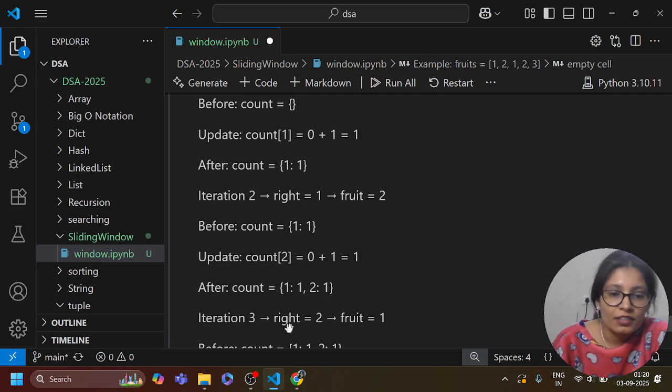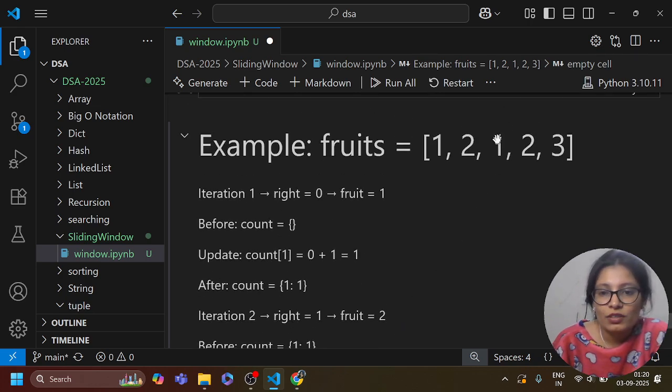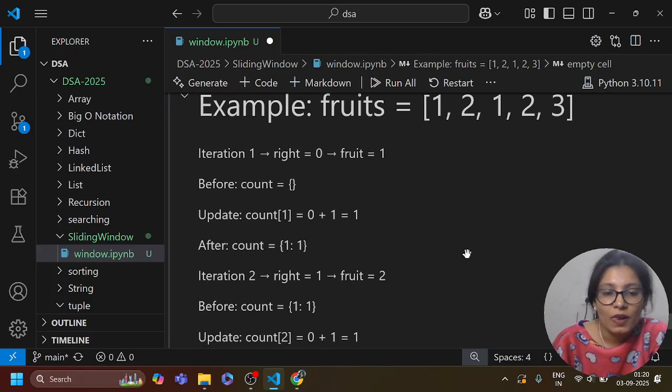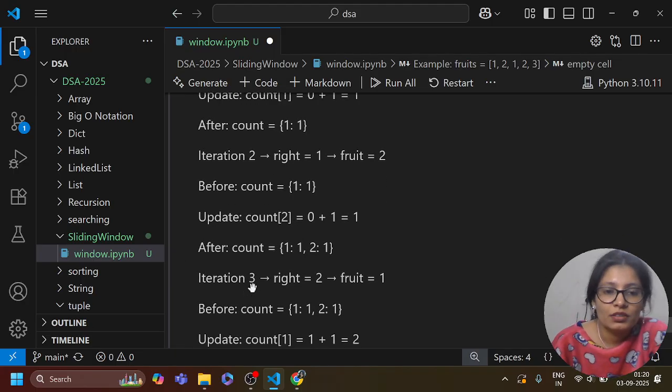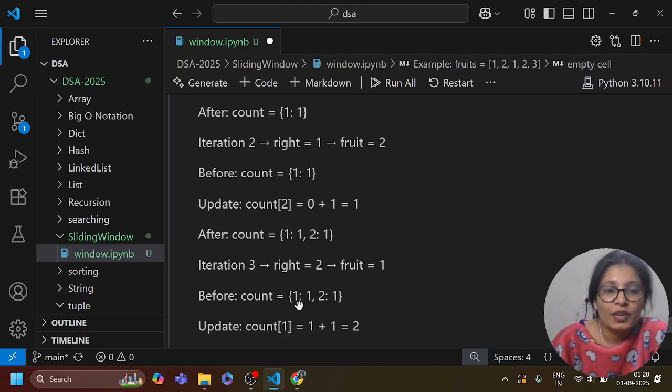In iteration 3, right equals 2 and fruit equals 1. Before, we have 1 colon 1 and 2 colon 1.